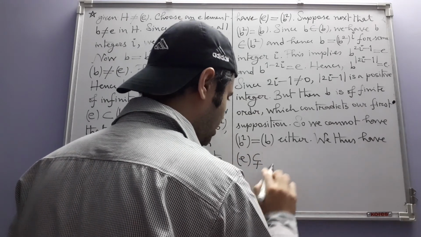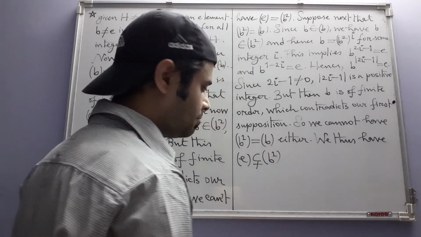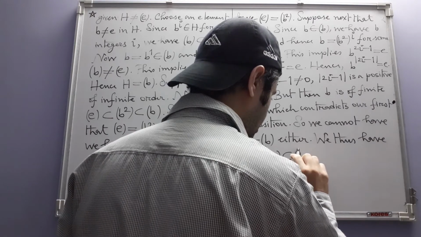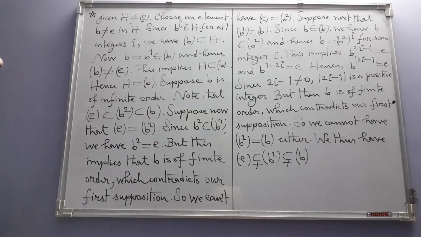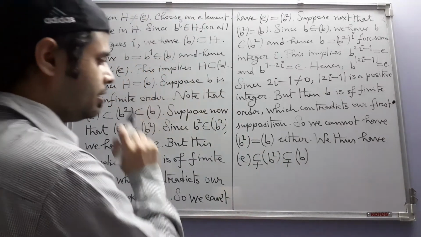This is a proper subgroup of the cyclic subgroup generated by B square, which in turn is a proper subgroup of the cyclic subgroup generated by B. And according to what we already have, this is nothing but H.